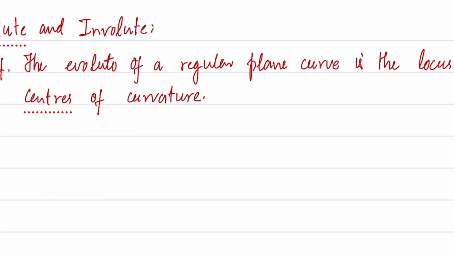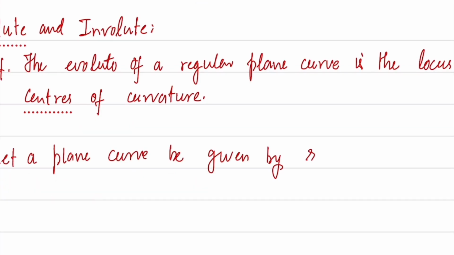Now it has the equation: let a plane curve be given by r of s. Here we deliberately represent the curve as a function of arc length, where s is the arc length.